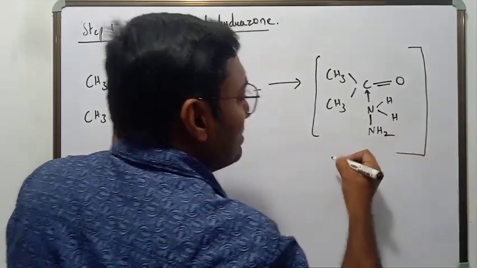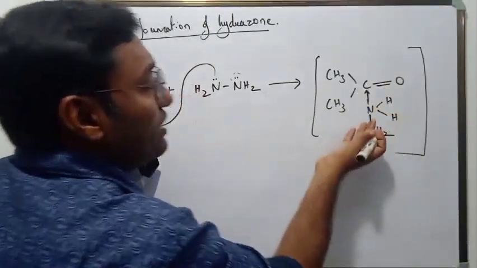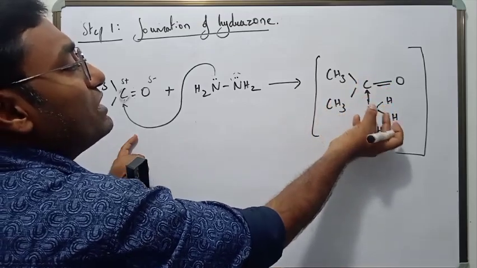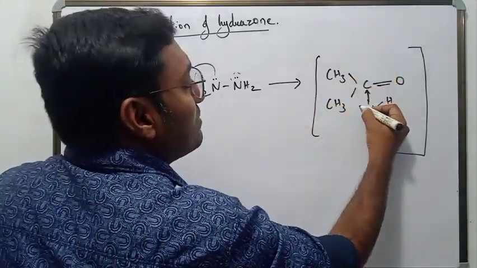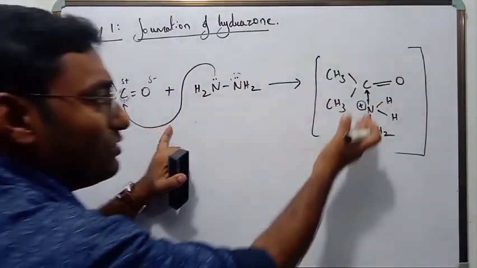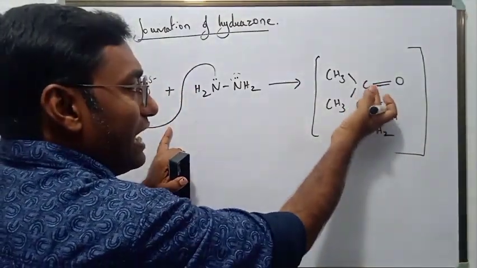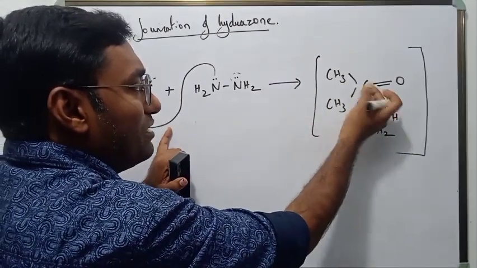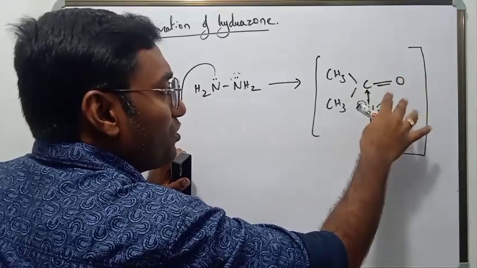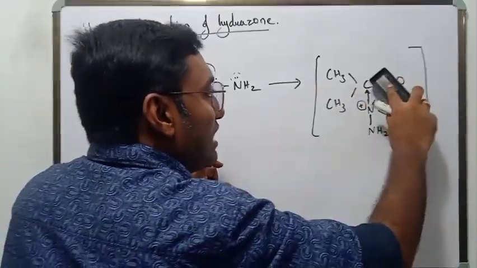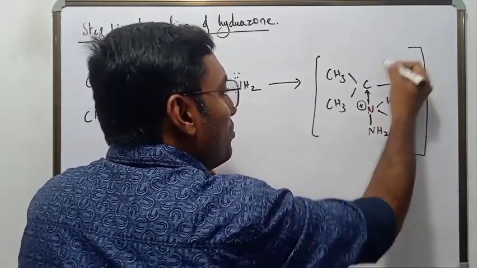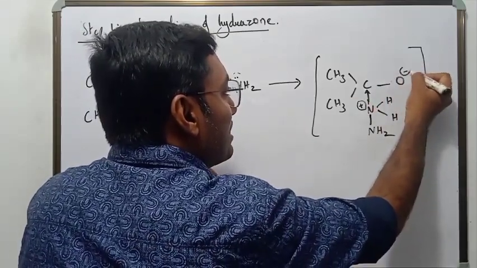Now nitrogen has donated its lone pair of electrons to carbon. Because nitrogen has donated its lone pair, the nitrogen becomes positive in charge. And when it donates this lone pair to carbon, carbon's valency is actually 4, so what carbon loses is the pi electron pair to the more electronegative oxygen.